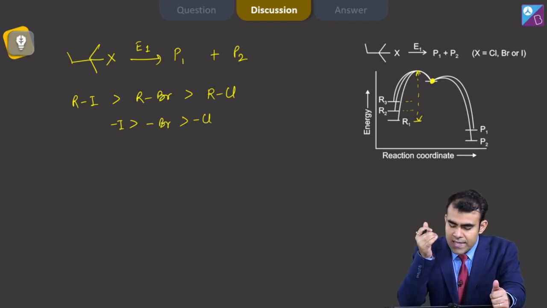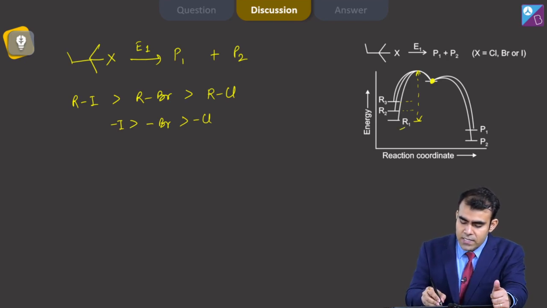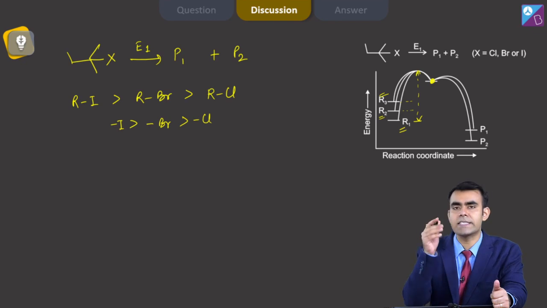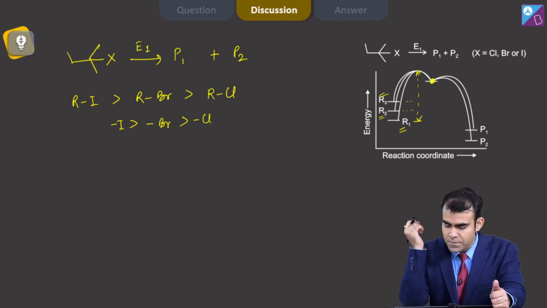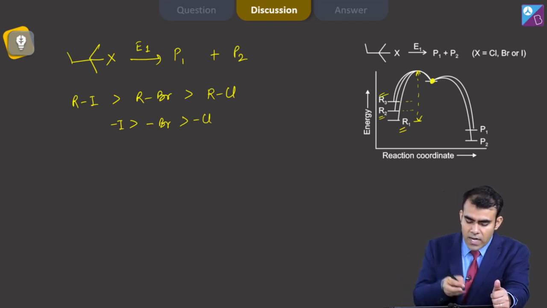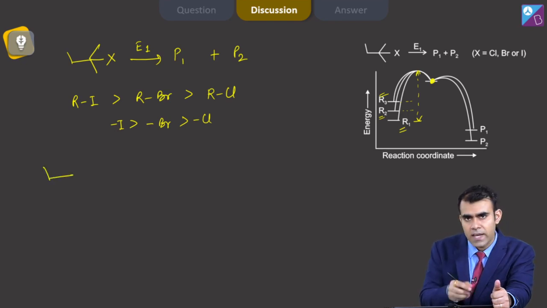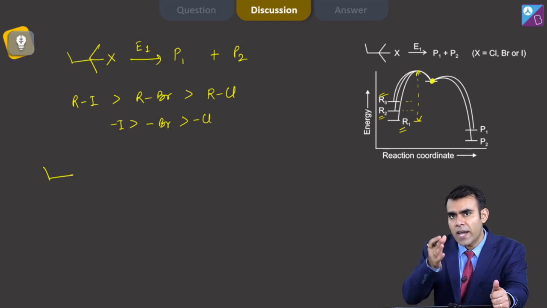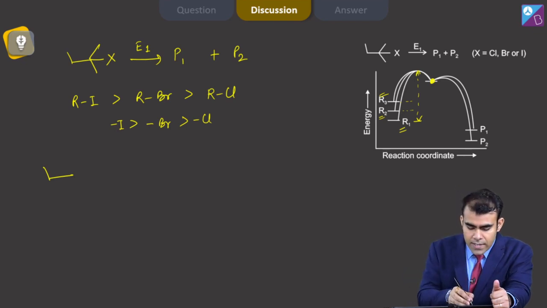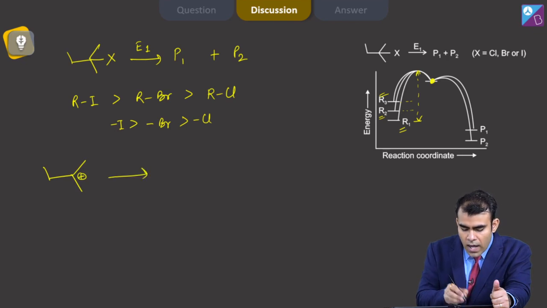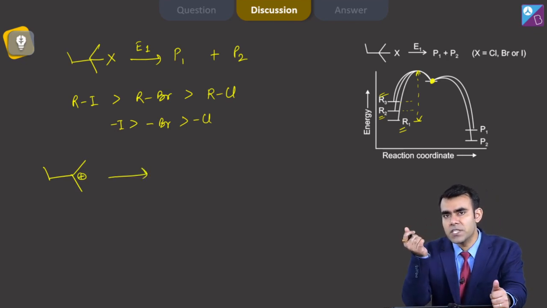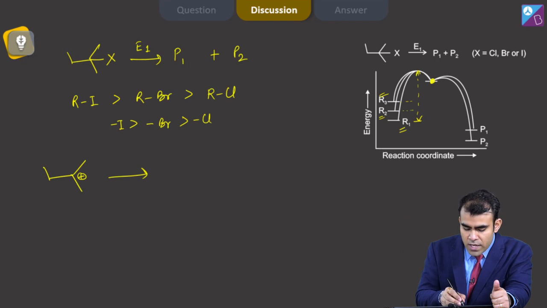So I can say that R1 basically contains chlorine, R2 contains bromine, and R3 contains iodine. Now if we talk about the product after formation of carbocation, the X group leaves in the elimination reaction, leaving behind the carbocation, that is this one, and now a hydrogen is removed from the beta position, and it leads to generation of a double bond.